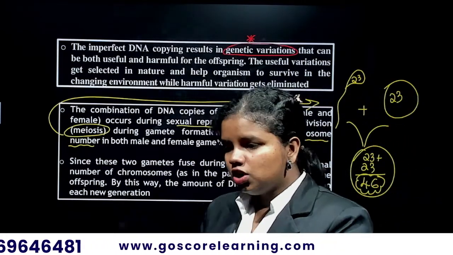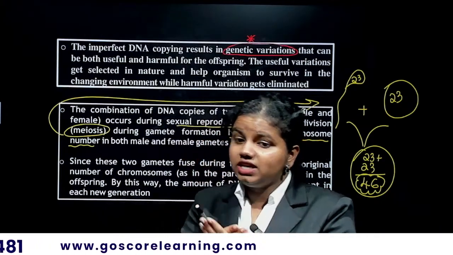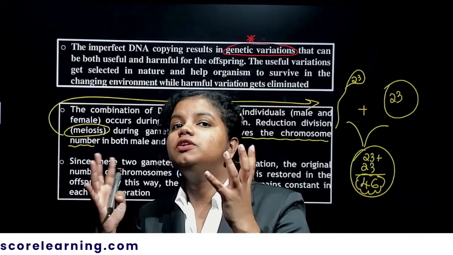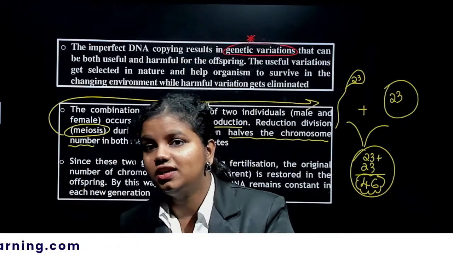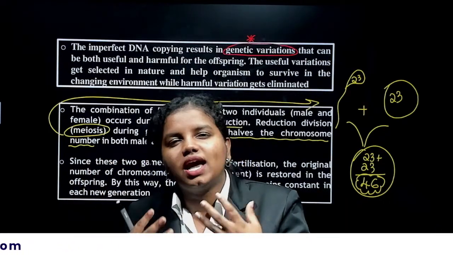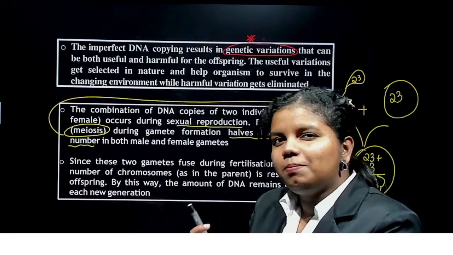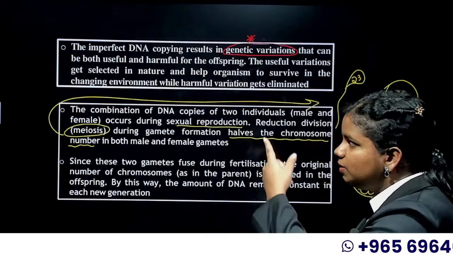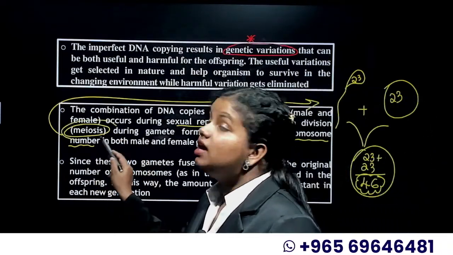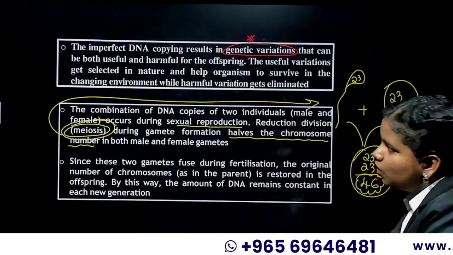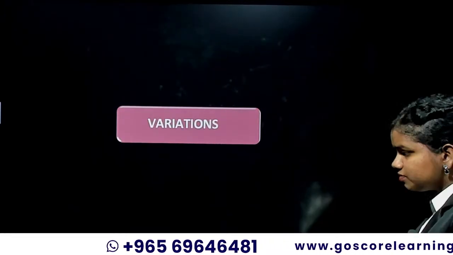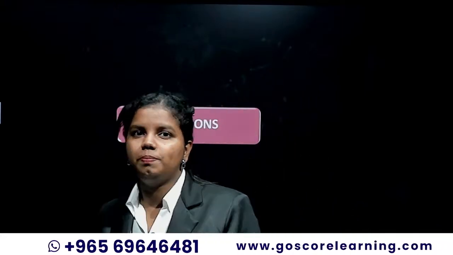So the DNA content would always be half in the gametes and it would always be full and constant in a zygote. That's how that constant content of DNA is maintained. So the only point you have to talk about here is meiotic division or meiosis. So yes, that's it. Now let's move on to another topic in the chapter, which is variation.